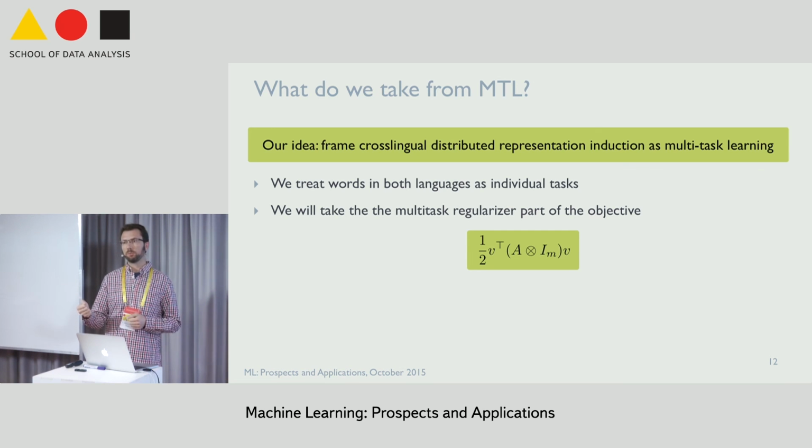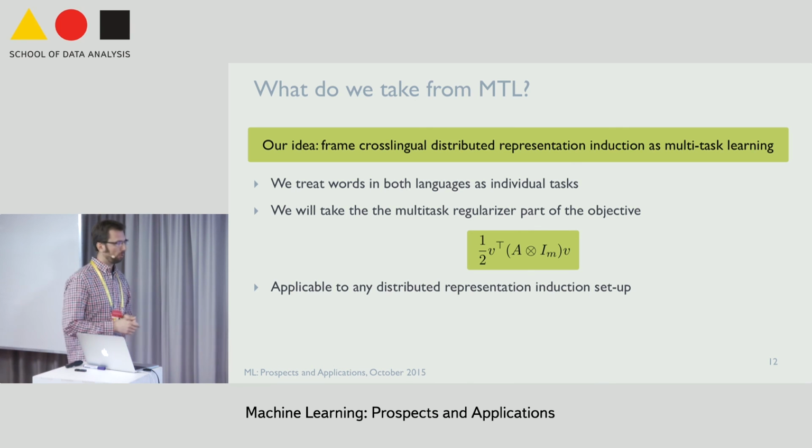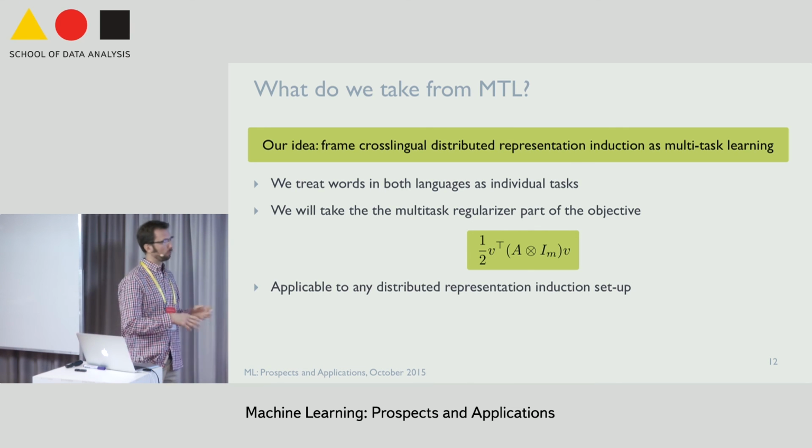Our words are going to be tasks, and we're going to steal the regularizer part of the objective for inducing our representations. I just want to say that I'm going to talk about one particular way of inducing monolingual distributed representations next, but this trick doesn't apply only to that, it's just a general idea.